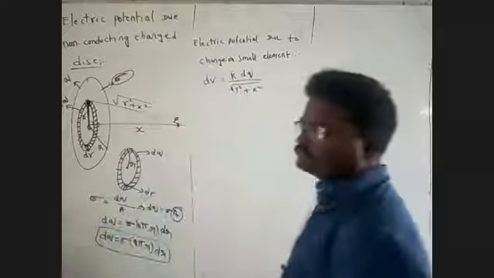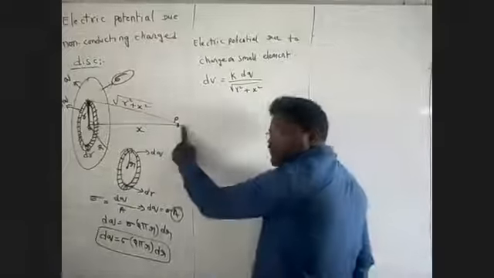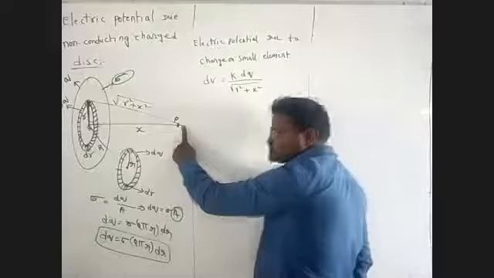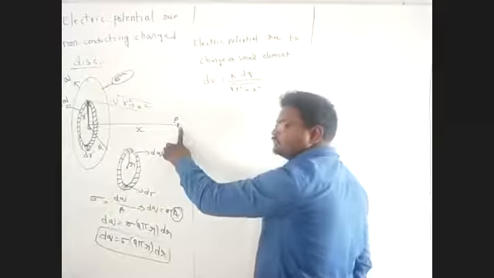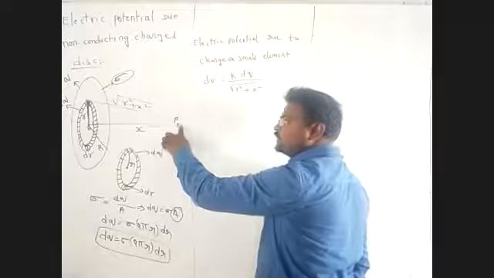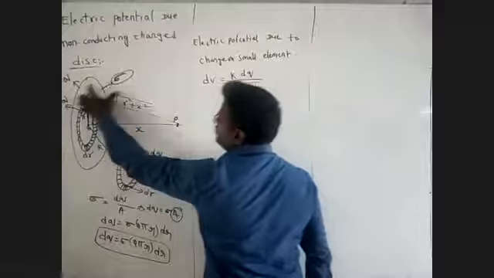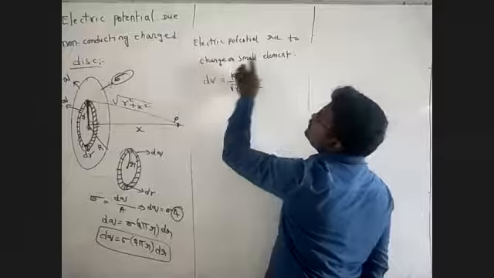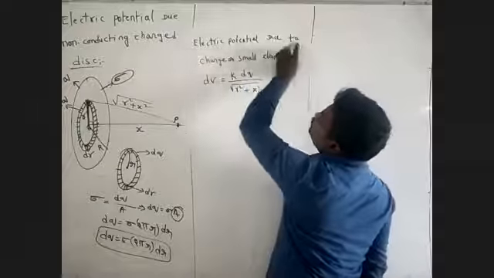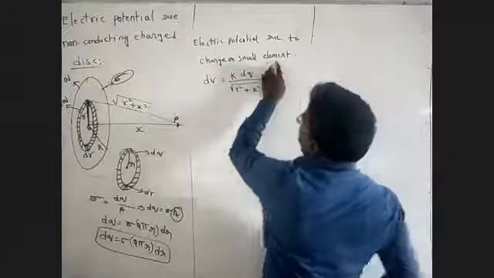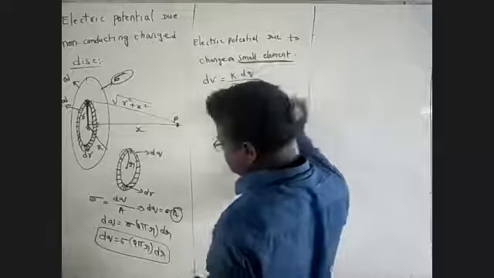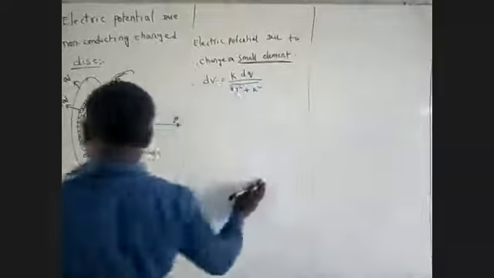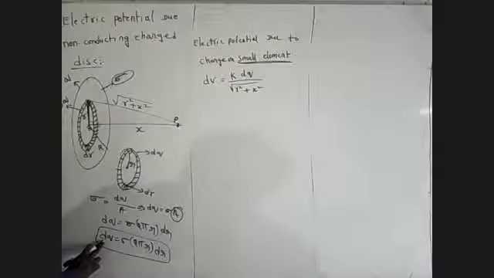At this point we have to calculate the electric potential due to the small element, the electric potential due to the charge on the small element.